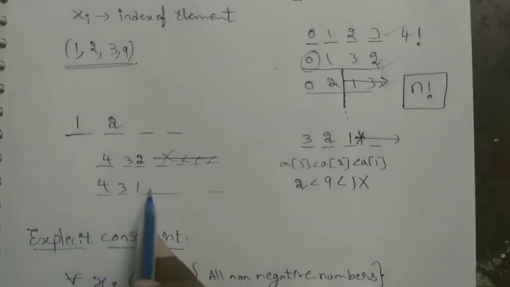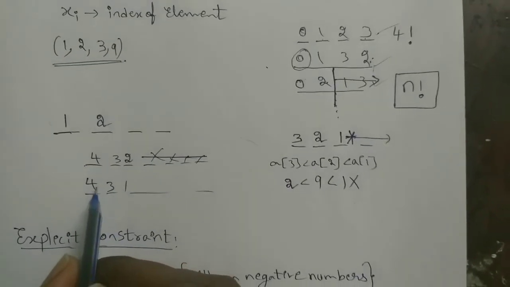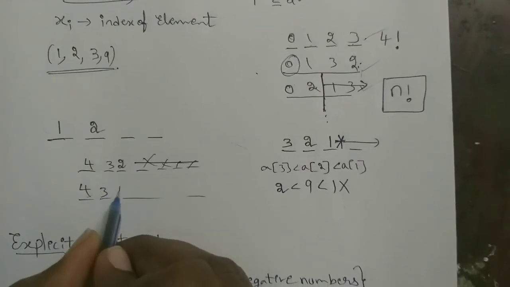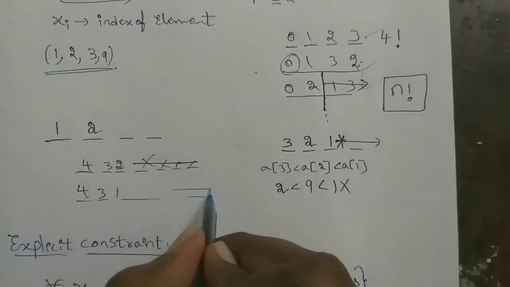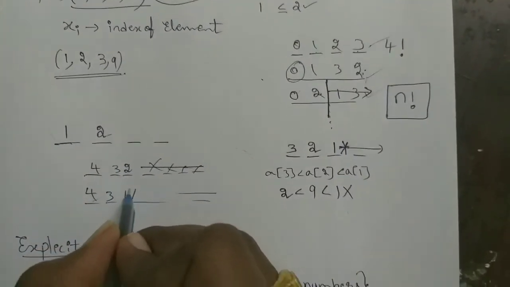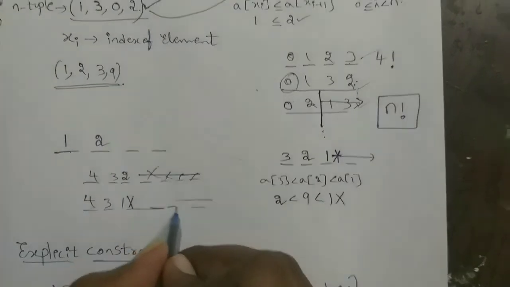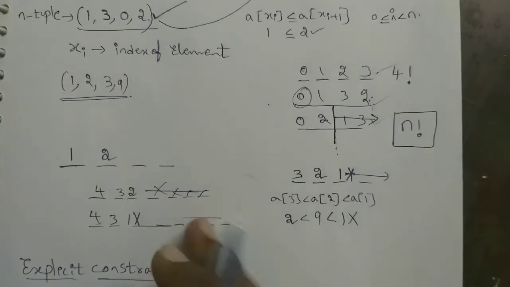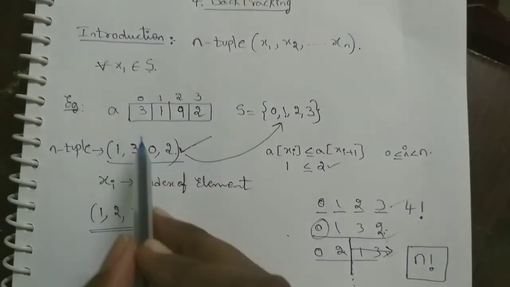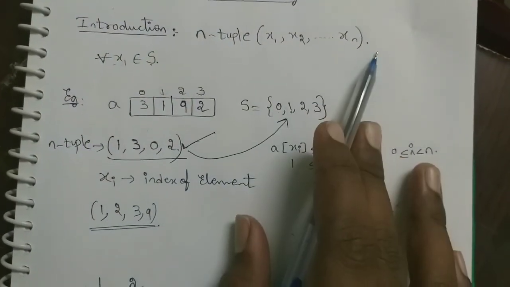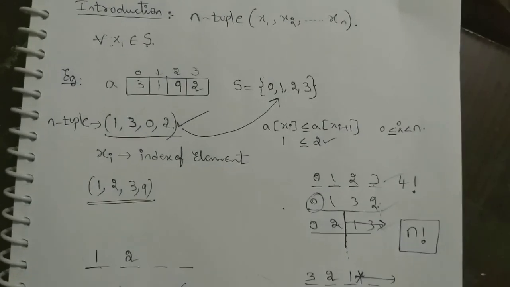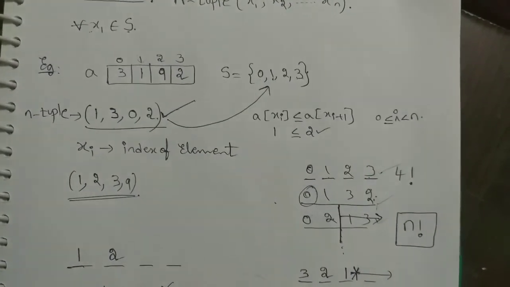But in backtracking, while trying to generate a combination, it won't generate it entirely. Once a bounding condition fails, it won't generate the remaining vector components. In that way we save a lot of time, and also we represent the backtracking solution in the form of an n-tuple, right? Yeah, now we'll move on to the first problem, which is the n-queens problem.